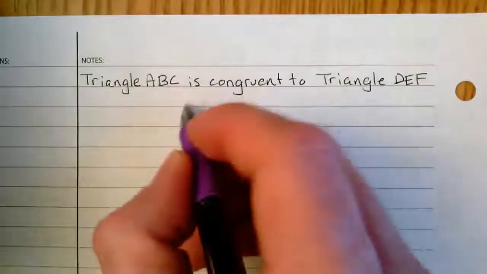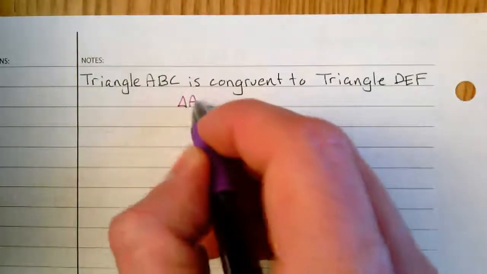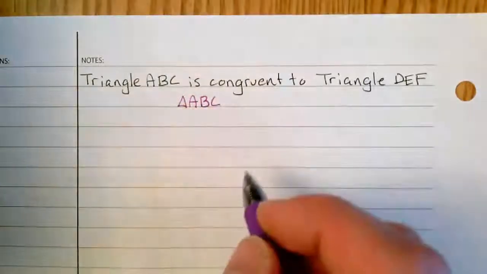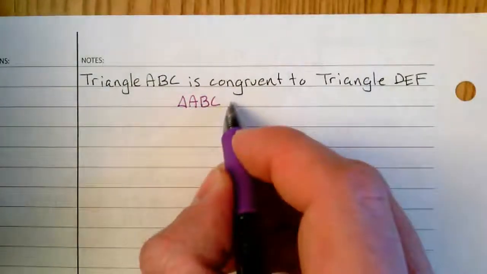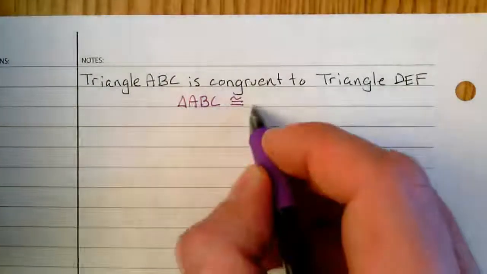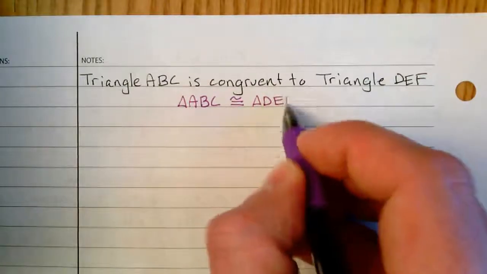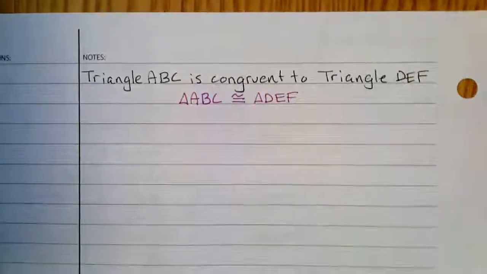I would write that as, here's the symbol for triangle, triangle ABC is congruent to triangle DEF.